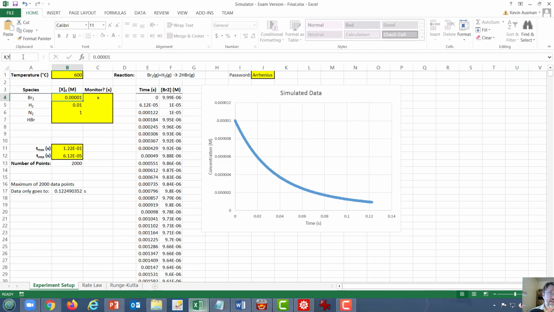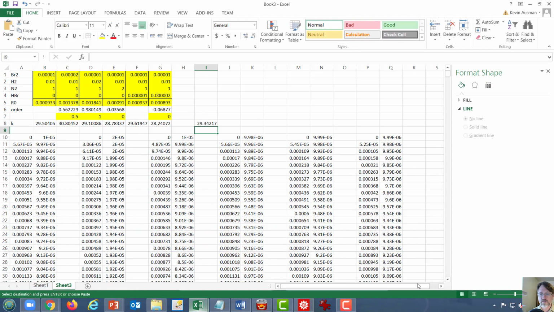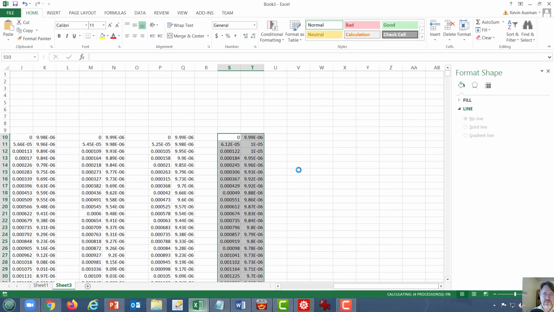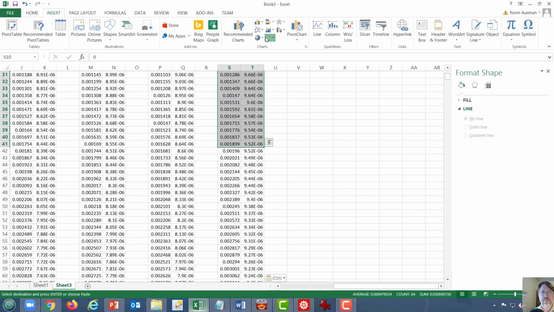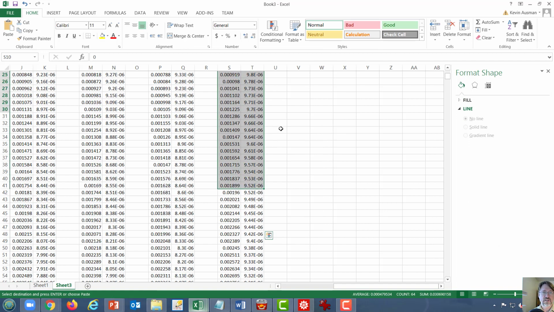X comma Y, copy, come back over here. I'm going to paste numeric and find our initial rate. Let's first take a quick look. Yep, early curve, so we're going to skip the first few data points.